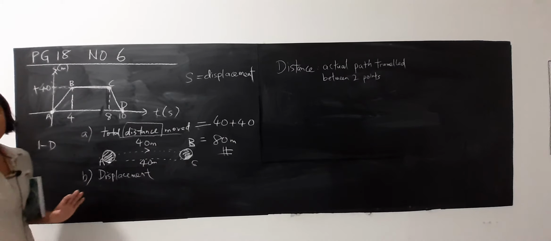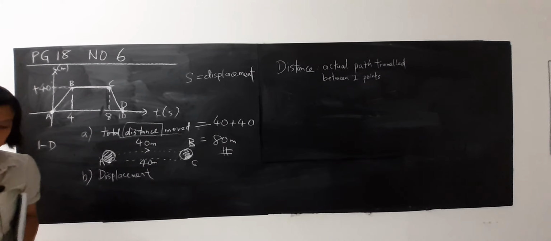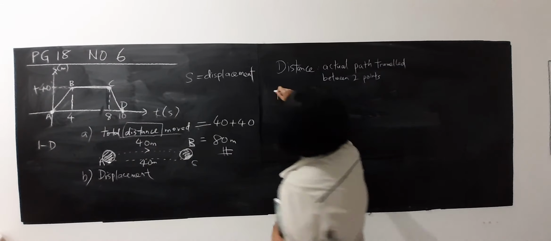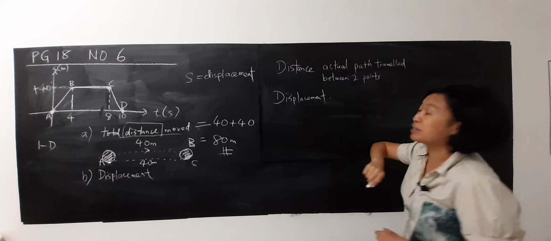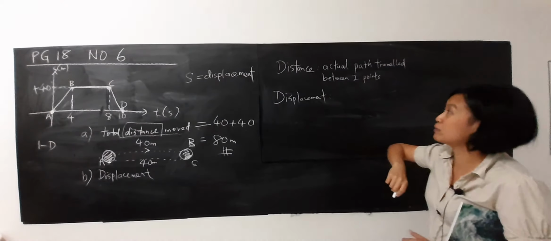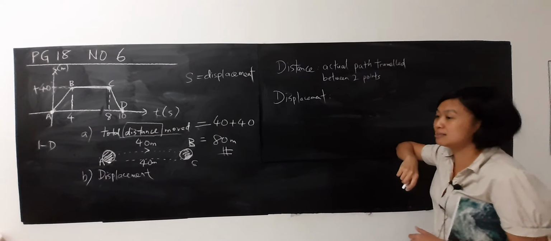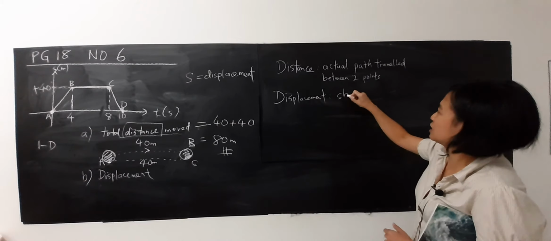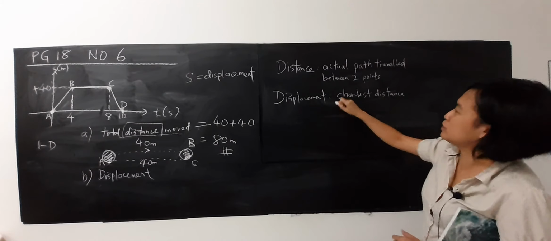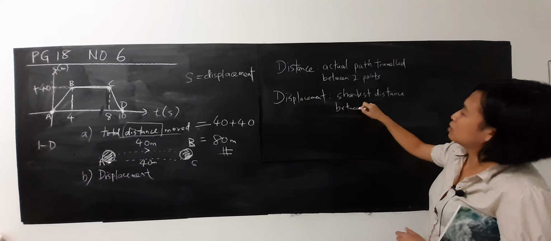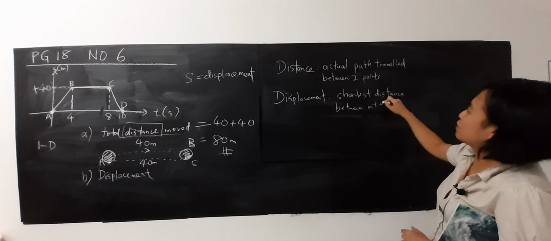And then we think back what is the definition for displacement. Okay. So for information, if we recall back, displacement is actually the shortest distance between the initial and the final point.